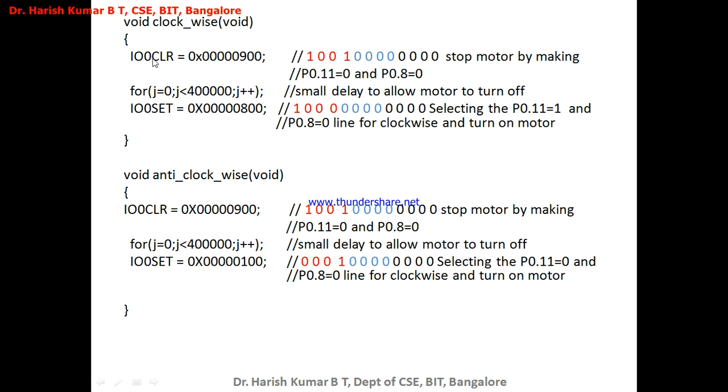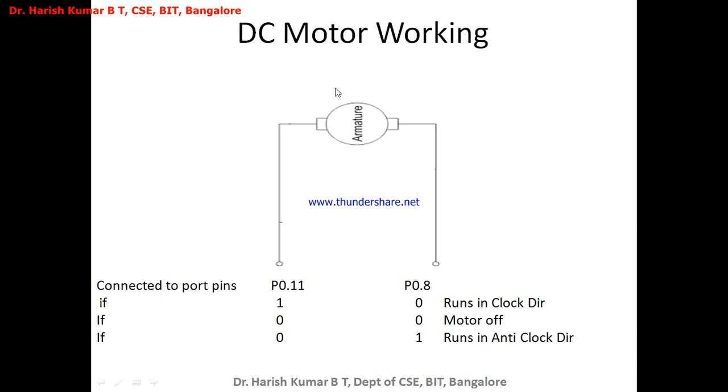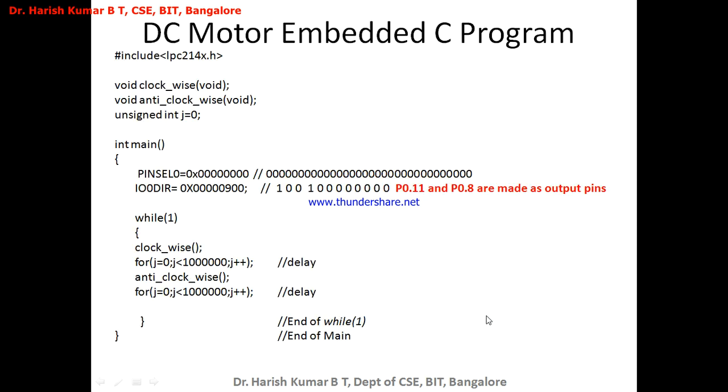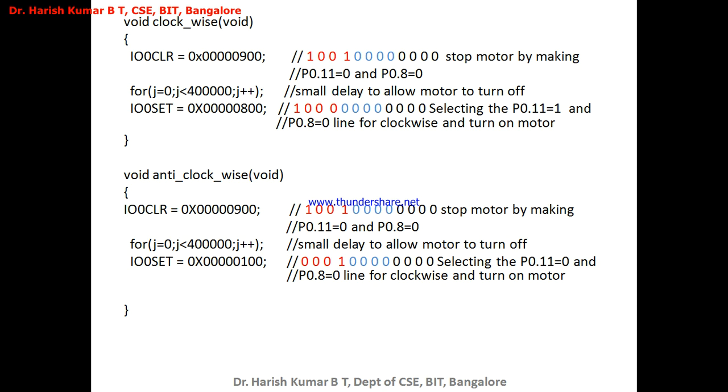When I assign this to IO0CLR, these two will be pulled low and the motor is off. When they are 0 0, the motor is off. Why am I making the motor go off initially? Because I want to always start from the stop state of the motor.